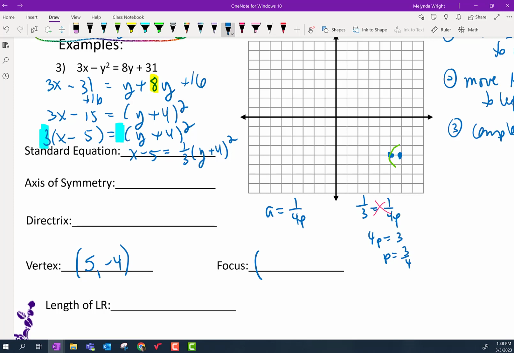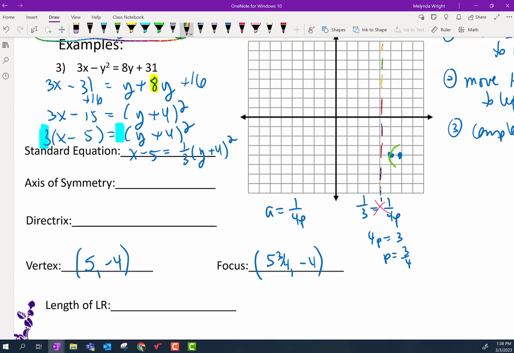It's at 5 3/4 and -4. That's where my focus is. I encourage you to just write it off the graph. We're just writing things off the graph. The directrix is going to be 3/4 of space to the other side. The directrix is going to be right here, 3/4 of a space going this way.